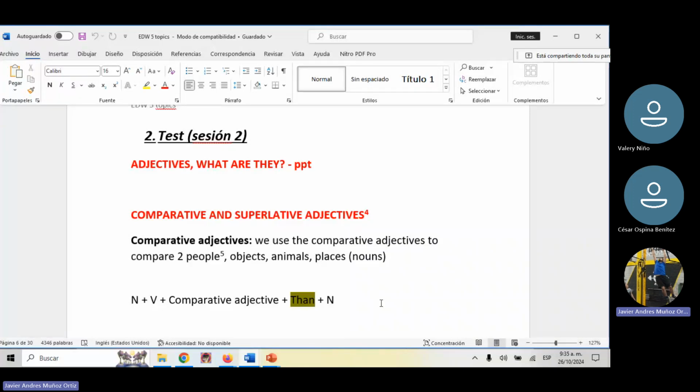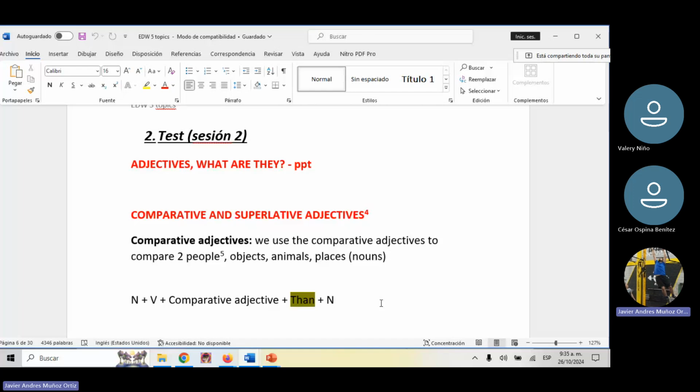Or, for example, a bottle of water is as refreshing as a giraffe. It doesn't have any sense. It's not coherent. So that's why we compare person with person, animal with animal, idea with idea, place with place, noun with noun, right? It's possible to do it if we were living in the world of Disney, of course, or if we were poets, but it's not going to be very coherent.